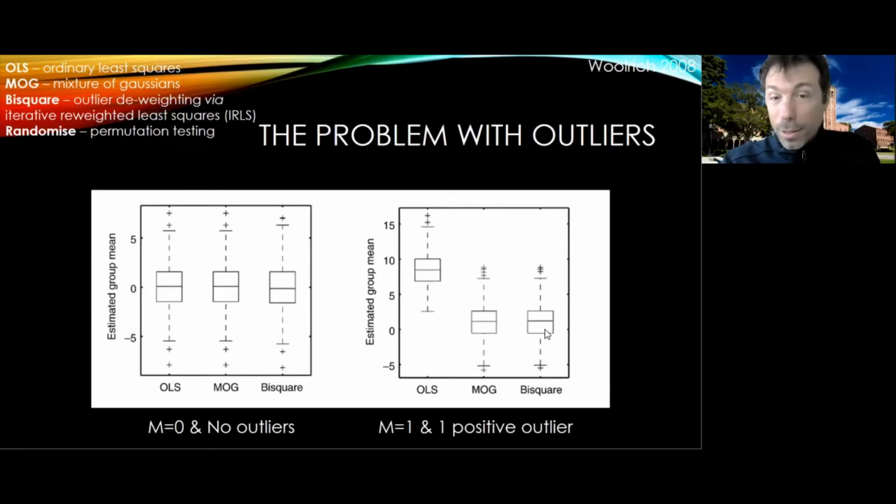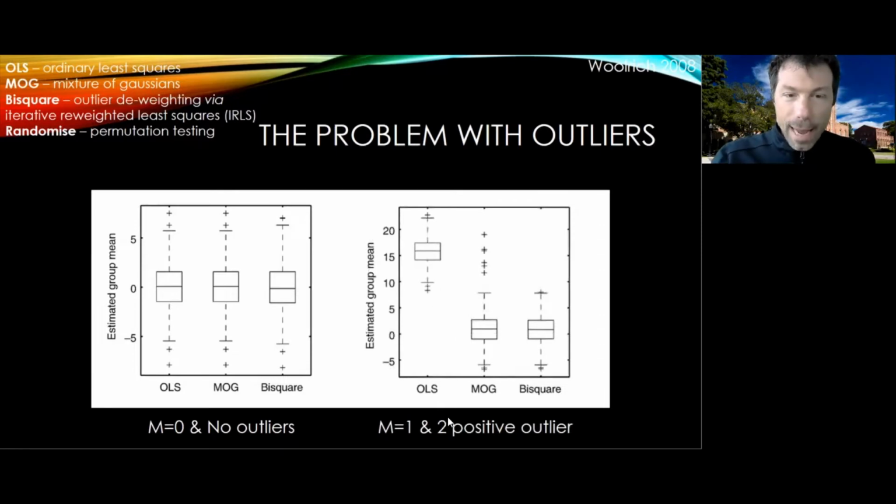The mixture of Gaussians and bi-square do pretty well overall. Despite the presence of a positive outlier, you can see that their mean is somewhere down here, so possibly close to 1. Whereas if you look at what happens to the OLS, it has been pulled up dramatically by the presence of an outlier. So as soon as we have an outlier in the data, the OLS clearly fails.